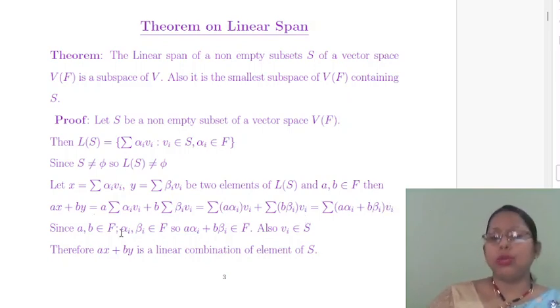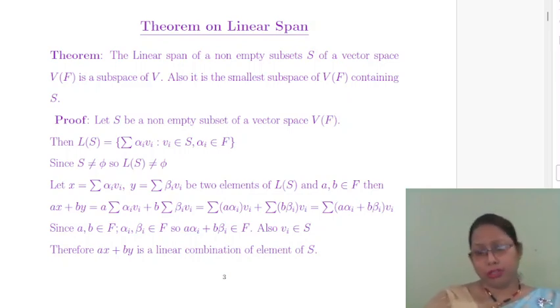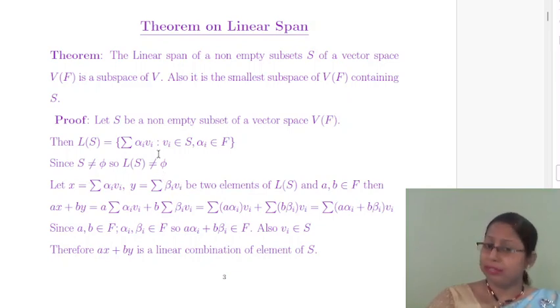Since a, b belong to F and alpha i, beta i belong to F, and F is a field, a alpha i plus b beta i belongs to F. Also, vi belongs to S. Therefore, ax plus by is a linear combination of elements of S. That is, we consider x, y to be any elements in the linear span, and a, b belong to F. Then we check whether ax plus by belongs to the linear span or not.